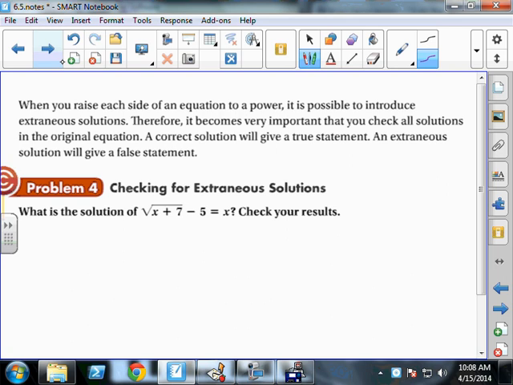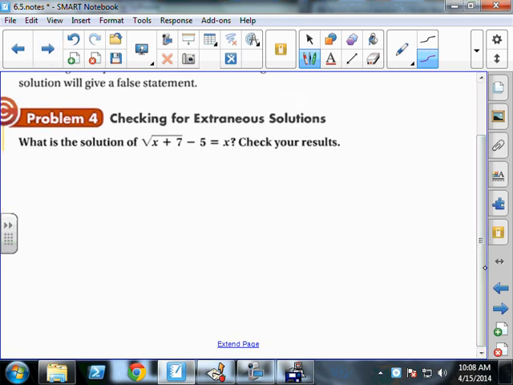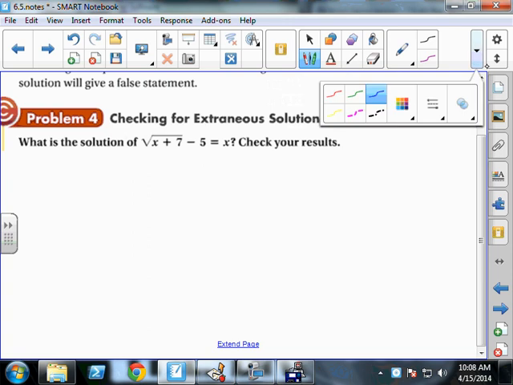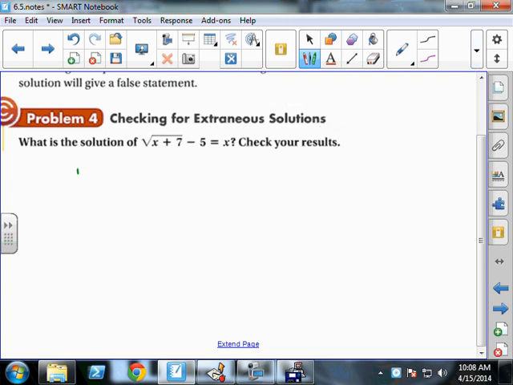Ooh. I knew they'd get more difficult eventually, so here we go. The square root of x plus 7 equals x plus 5. Square again if necessary, check your work.